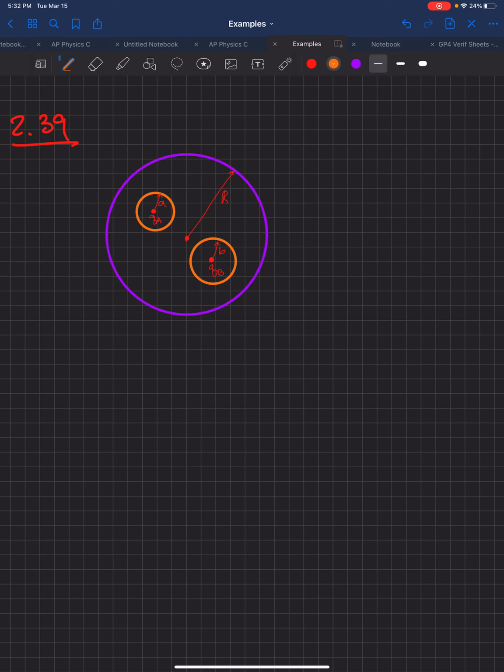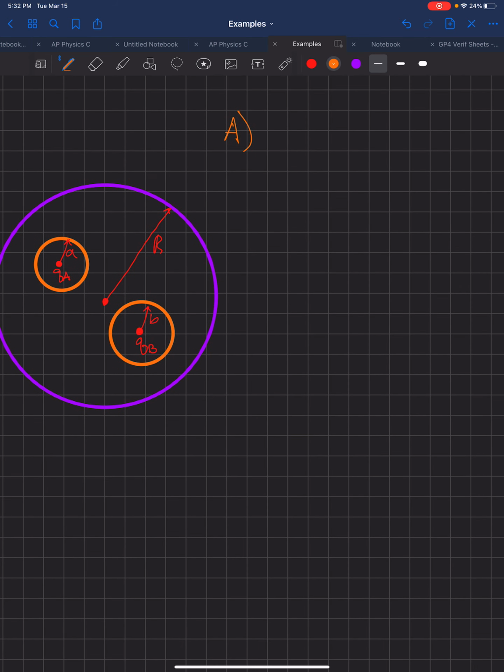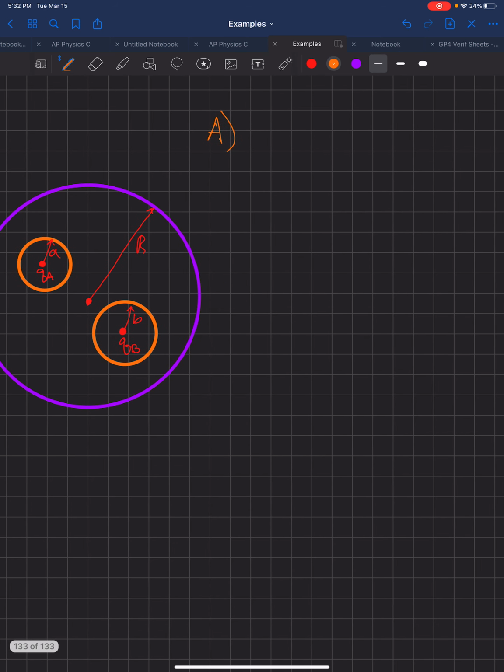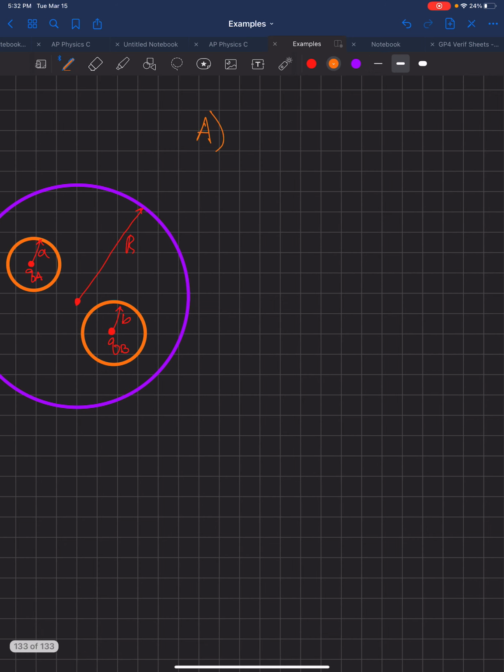So now let's go through the problems. Question A says, find the surface charge densities, sigma A, sigma B, and sigma R. Sigma is simply a measurement of charge per unit.